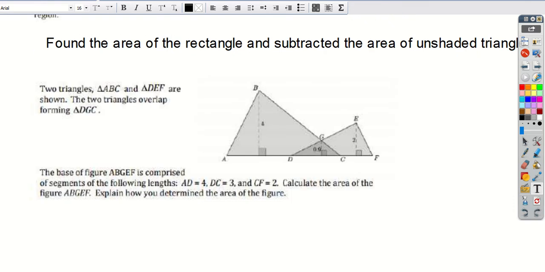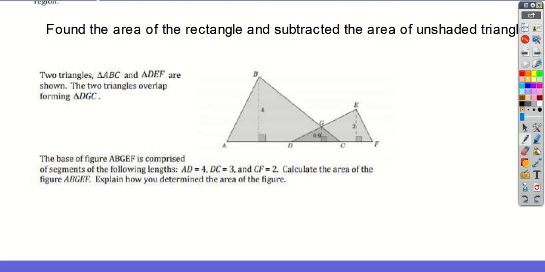The third shape, we have these lovely 2 triangles here. They do overlap, and then we essentially want to figure out the area for this entire A, B, G, E, F. So what that means for us is A, B, G, E, F is that area.